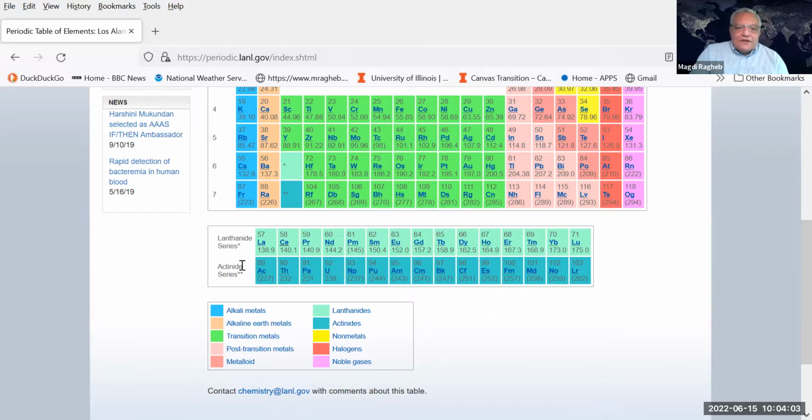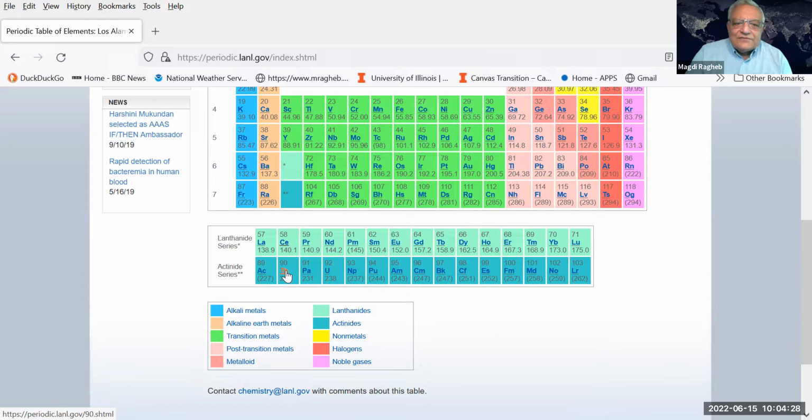Notice that the actinide series also contains elements that we are going to deal with, particularly plutonium. Plutonium is named after Pluto, one of the planets, and it's basically being discussed whether it's a planetary body or a planet. Let's call it a planet for now.